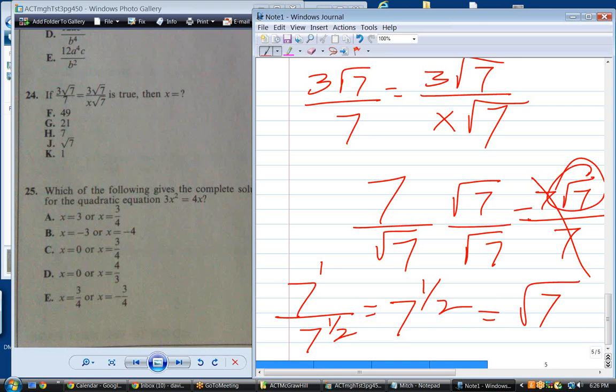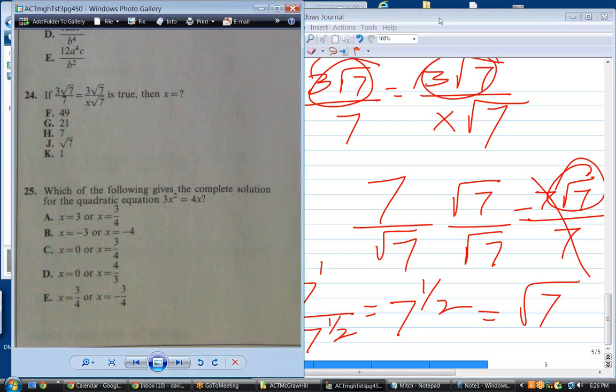There's going to be the long way, and then there's going to be the short way. If your life depended on it, you'd probably do the long way. But since it's a speed test, you want to take every shortcut you can see. And this was definitely one; they gave us a shortcut because they made the numerators the same.